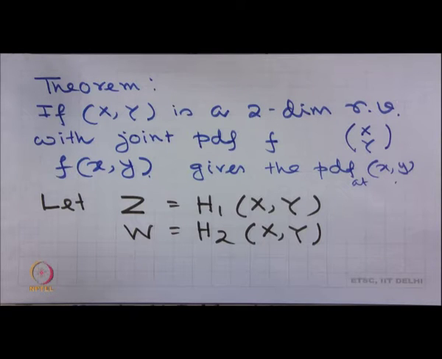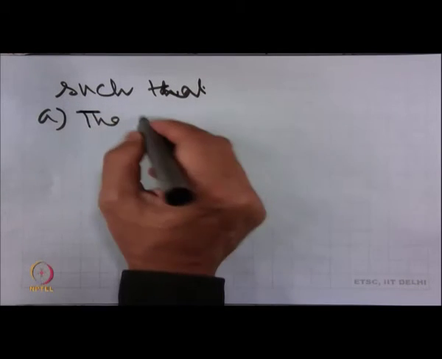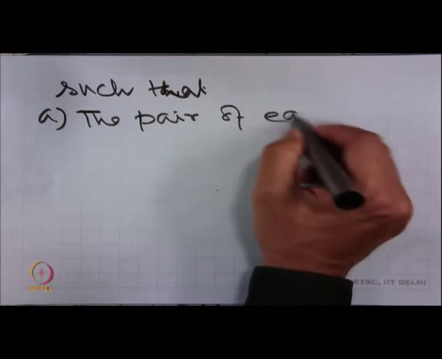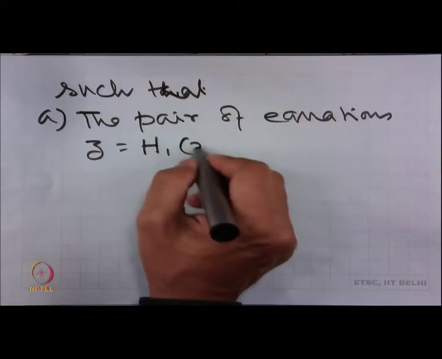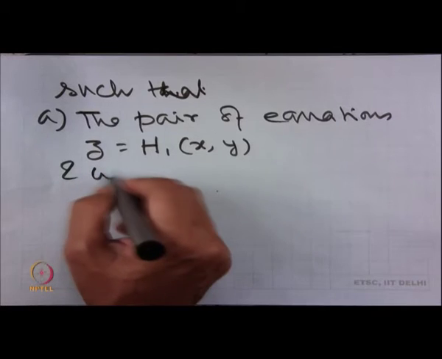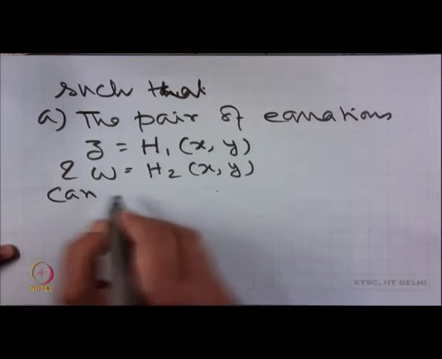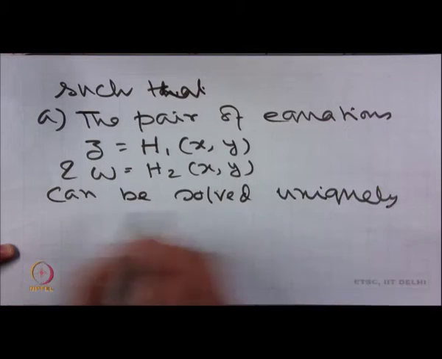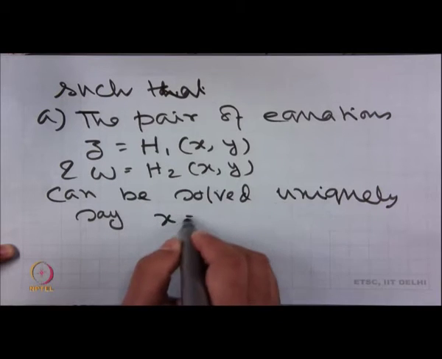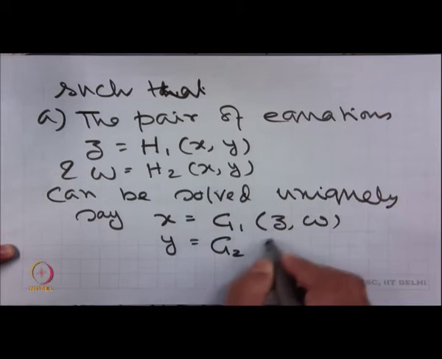Therefore, basically from x y plane we are transforming it into another plane of z w such that the pair of equations z is equal to h1 x y and w is equal to h2 x y can be solved uniquely, say x is equal to g1 of zw and y is equal to g2 of zw.